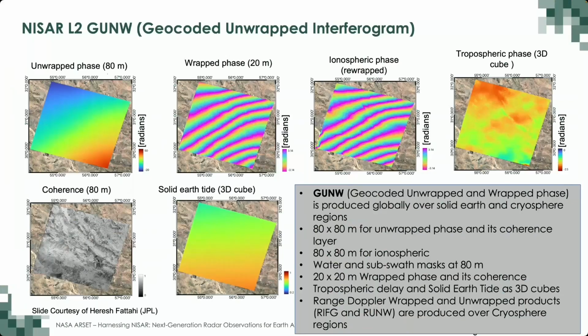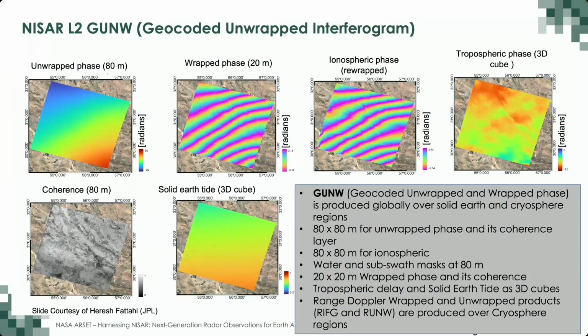So we include a calculation of that in case you want to remove this small but easily determined effect. And then another layer is the tropospheric phase. So the ionosphere is a part of the atmosphere that's very high above the Earth, basically over 100 kilometers.